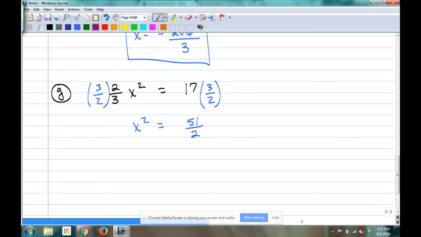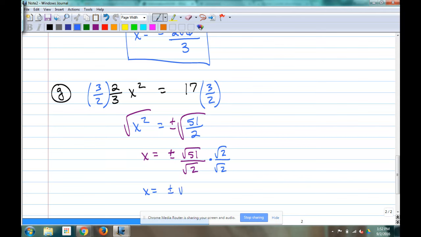Can we take the square root now? Yeah. Plus or minus. Square root of 51. Square root of 2. Got a radical in the denominator, so we got to rationalize. Radical 2. Radical 2.